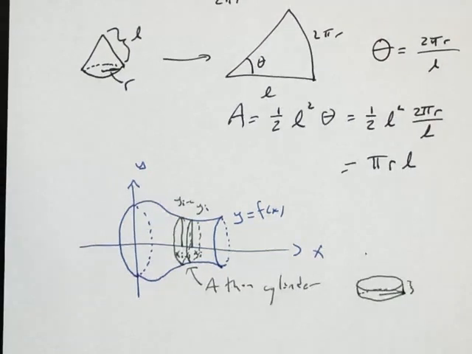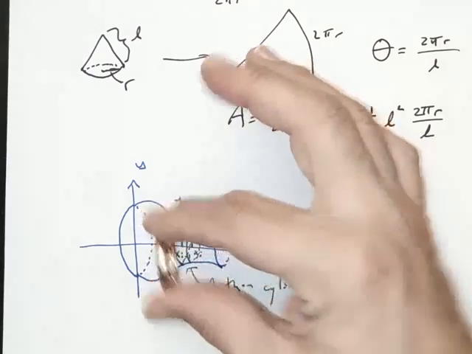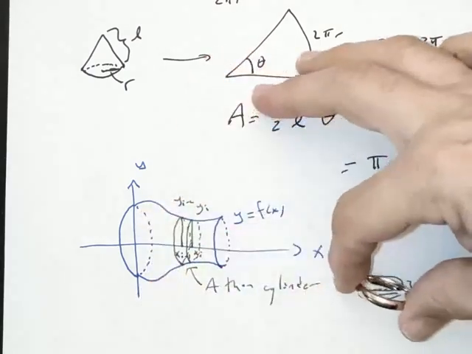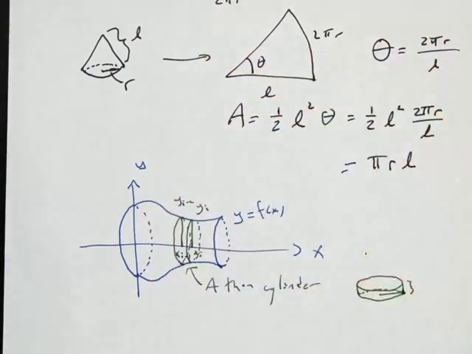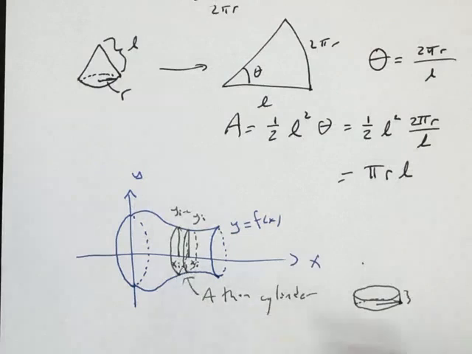Now I've taken this cylinder out from here and I've laid it down. So now, over there in that little right picture, the x-axis is up and down. The thickness, the height of that cylinder is the difference between the x's.